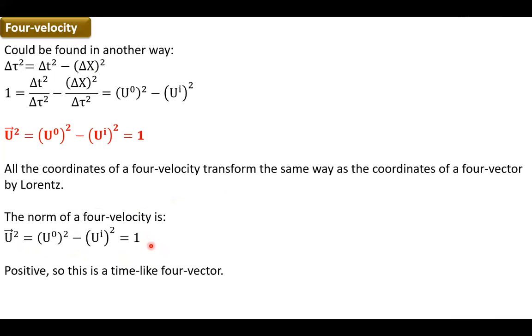So 4 velocities are time-like vectors because the square of the vector is positive. It is equal to 1. So we have a time-like vector.